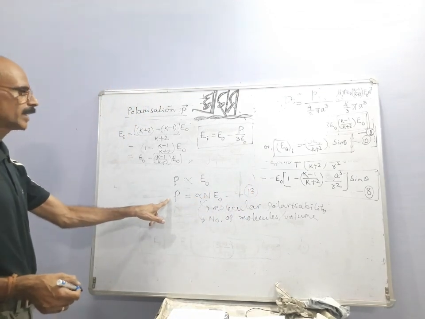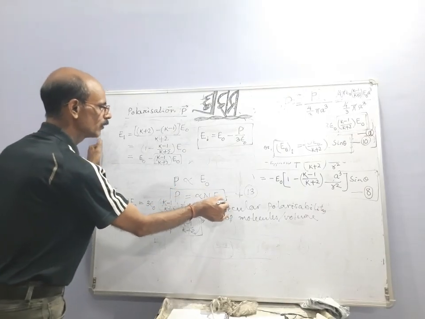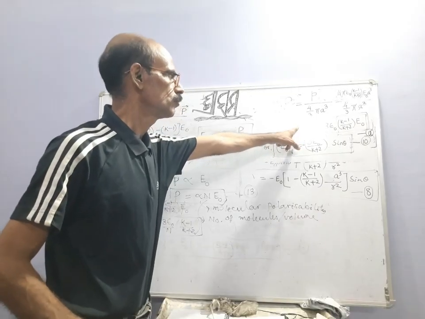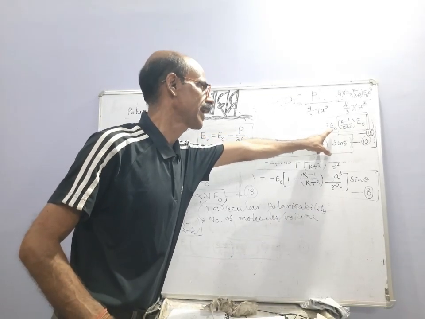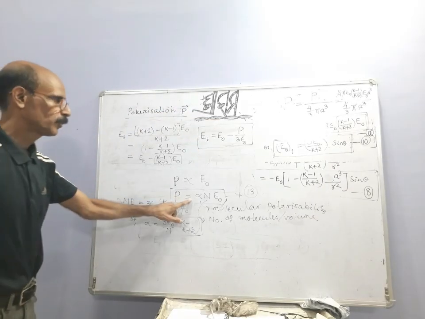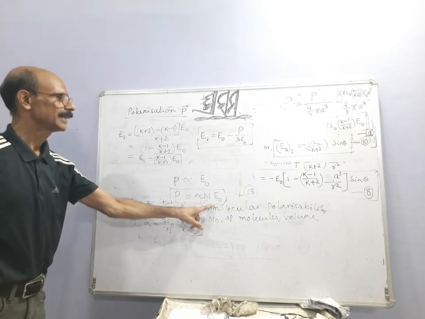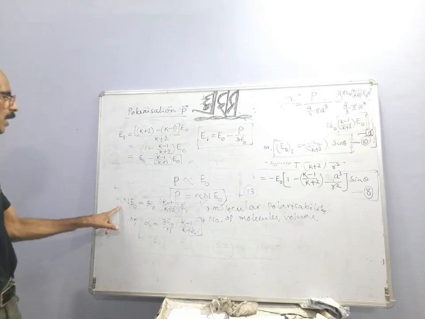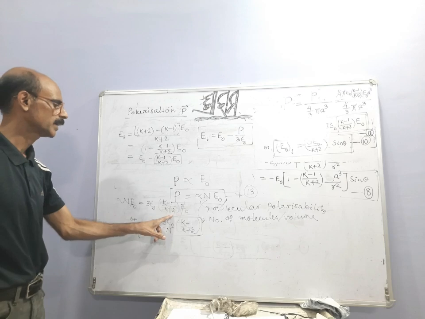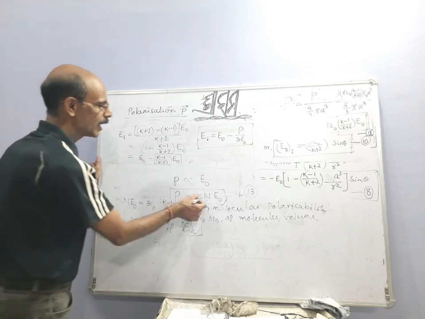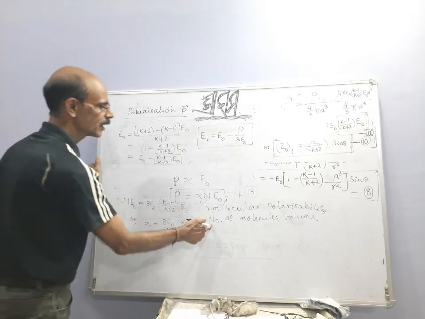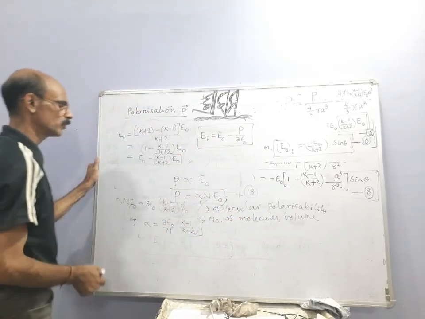Now equation 12: P is equal to alpha n E0, and in equation 12 we have obtained P equal to 3 epsilon naught (k minus 1) by (k plus 2) E0. If we compare equations 13 and 12, we get alpha n E0 equal to 3 epsilon naught (k minus 1) by (k plus 2) into E0, where alpha is the molecular polarizability and n is the number of molecules per unit volume.